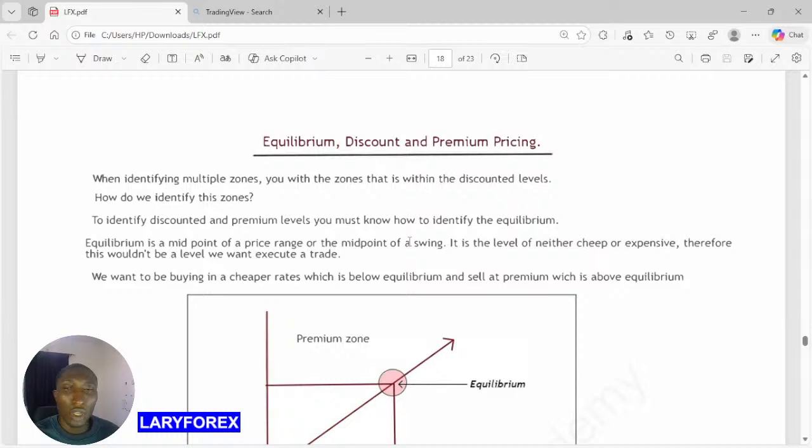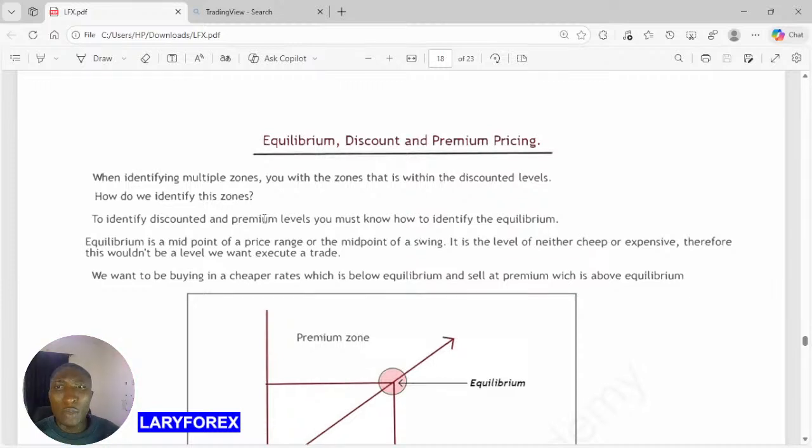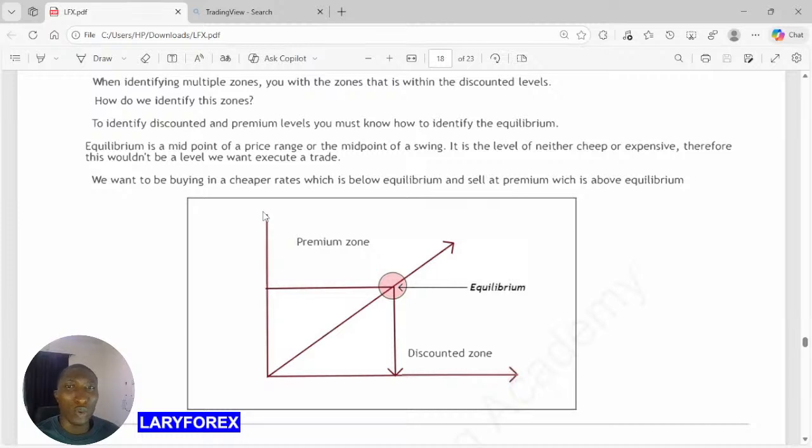To identify discount and premium levels, you must know how to identify the equilibrium. Most of the time we use the Fibonacci tool to map out this equilibrium and identify our discount and premium levels. Equilibrium is the midpoint of a price range or the midpoint of a swing. It is a level that is neither cheap nor expensive.